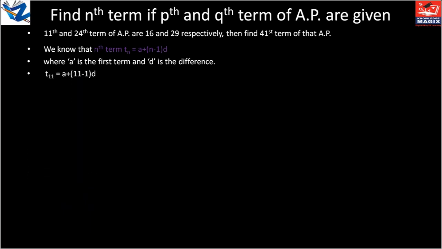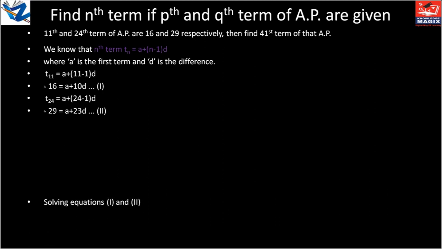T11 is equal to a plus 11 minus 1 d. Therefore, 16 is equal to a plus 10d, equation 1. T24 is equal to a plus 24 minus 1 into d. Therefore, 29 is equal to a plus 23d, equation 2.